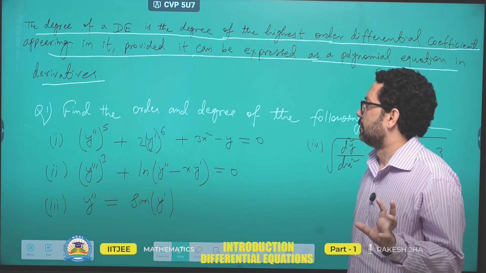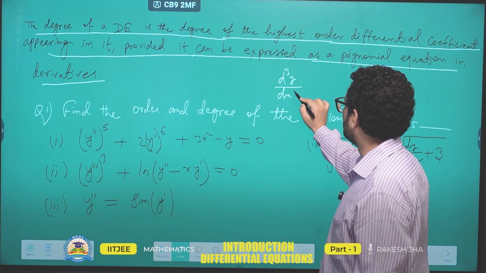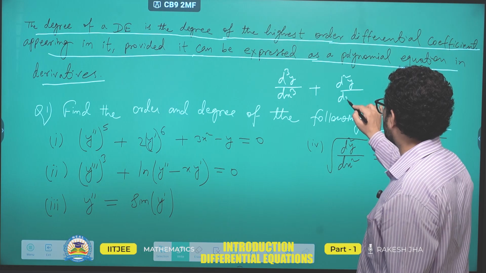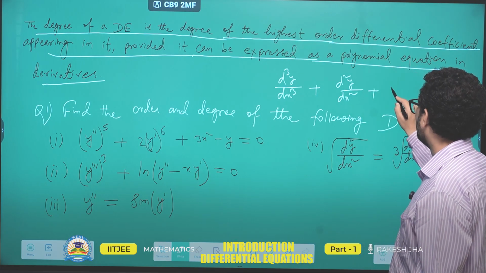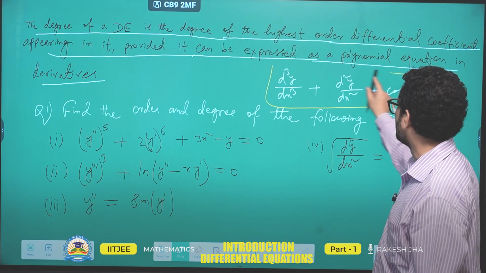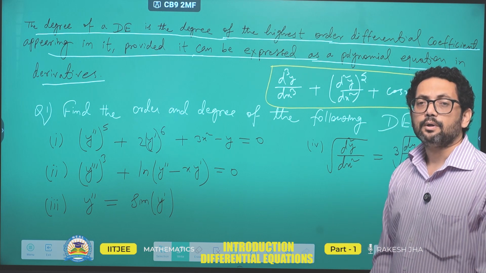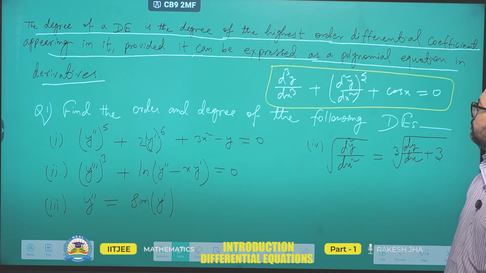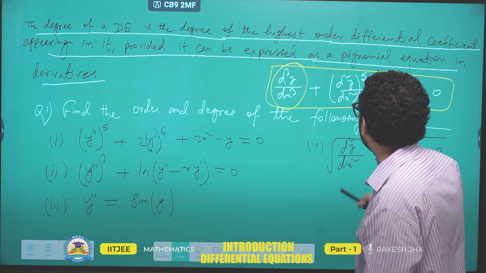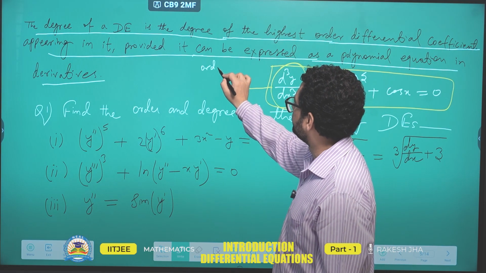Suppose for an example, we have d3y upon dx cube plus (d2y upon dx square) raised to the power 5 plus cos x is equal to 0. As I have already said, in this case the order will be 3, because we compare between second order and third order, and the highest is 3.